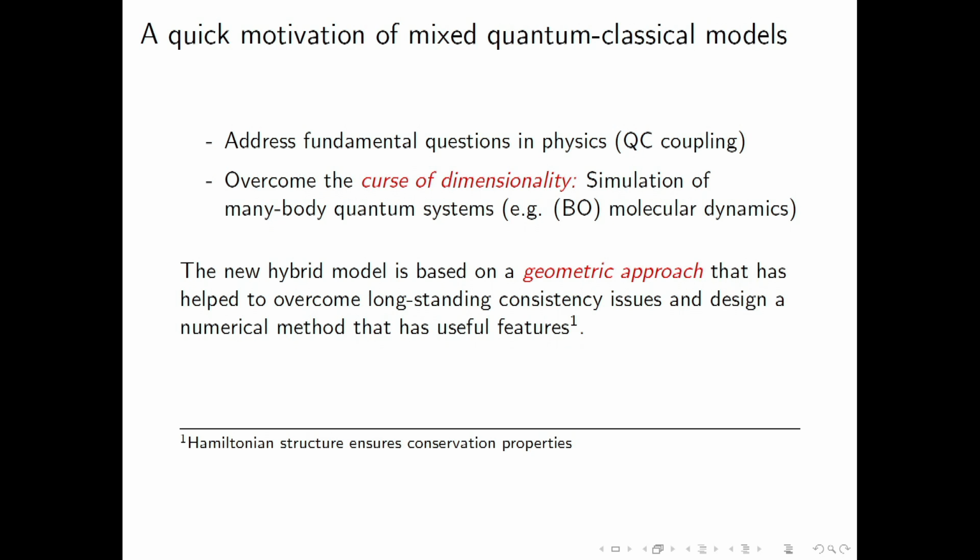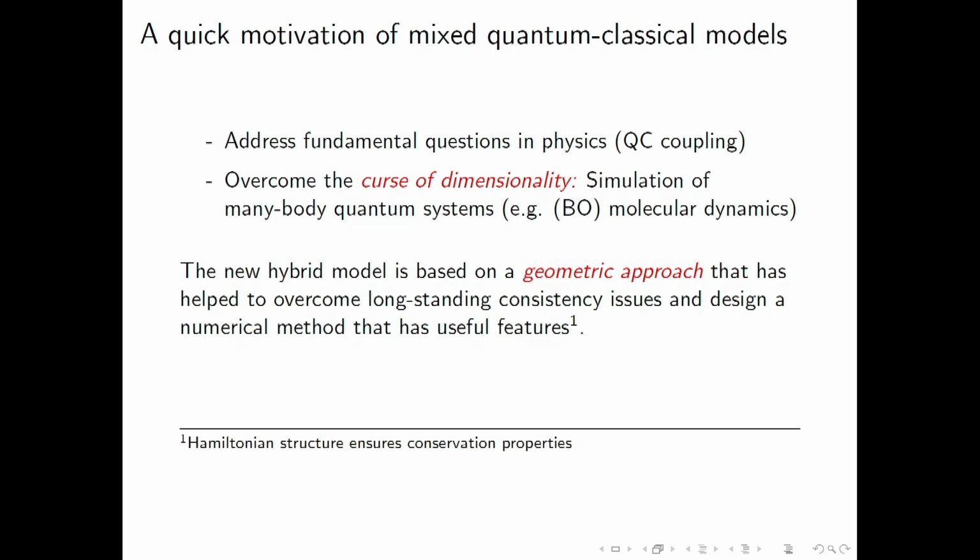So this is a very famous ansatz, basically, where in a molecule the much heavier nuclei are modeled as classical particles, and we retain a fully quantum description for the electrons. And of course, this is sometimes not enough, and we aim for building a model which goes beyond Born-Oppenheimer molecular dynamics.